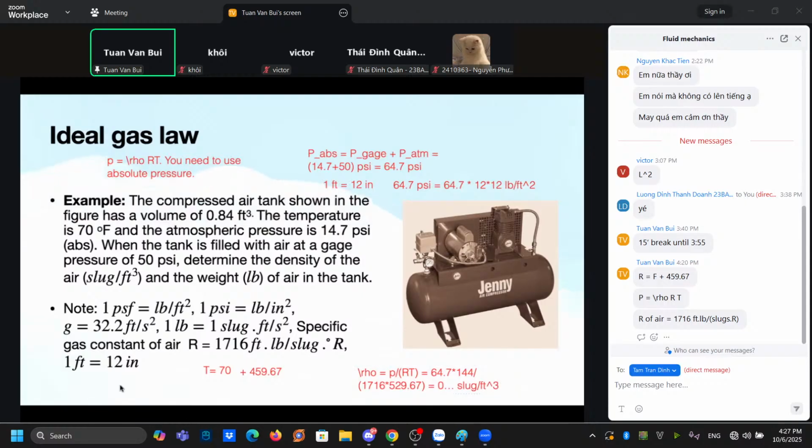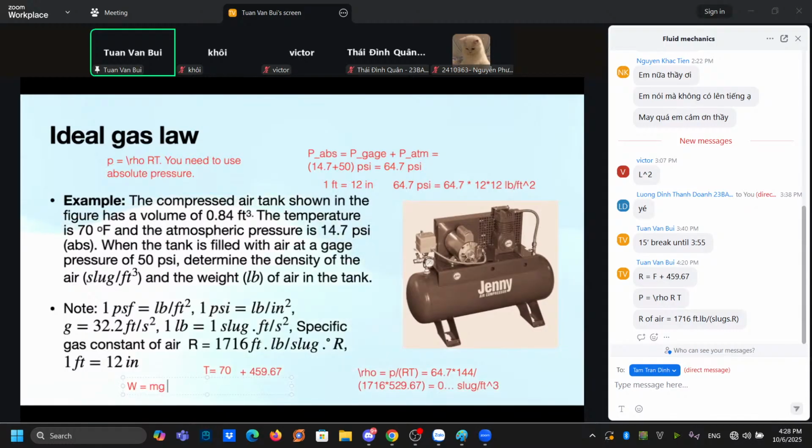Similarly, for the weight, it will be very simple. Weight equals m multiplied by g. So they give you the volume, and you know the density from before.